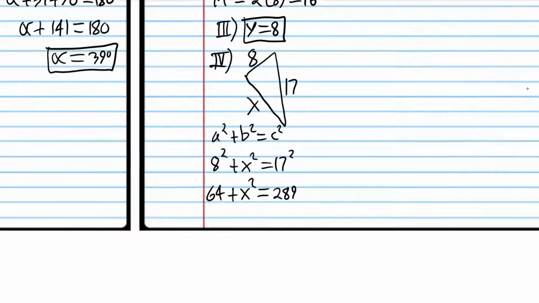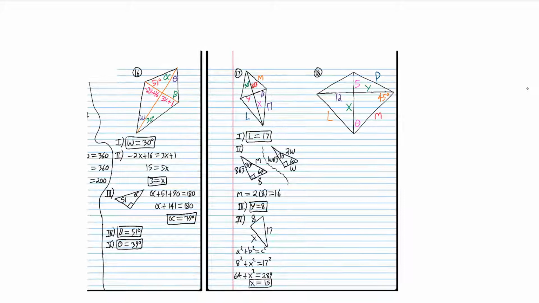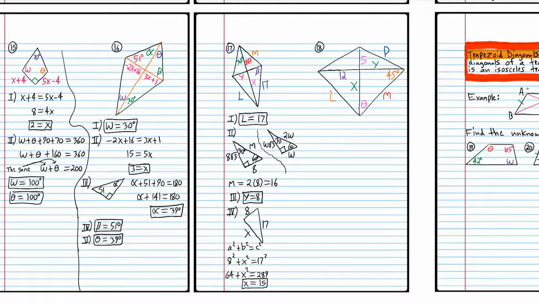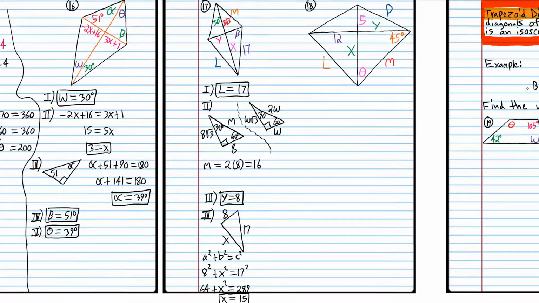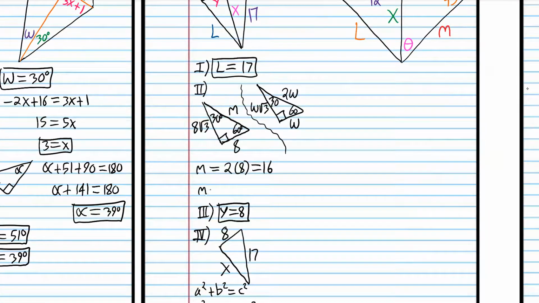So I'm just going to skip forward, and we see that x is equal to 15. So we found x, and now I think all we have to do is find beta. I forgot to rectangle M, so M will be equal to 16.